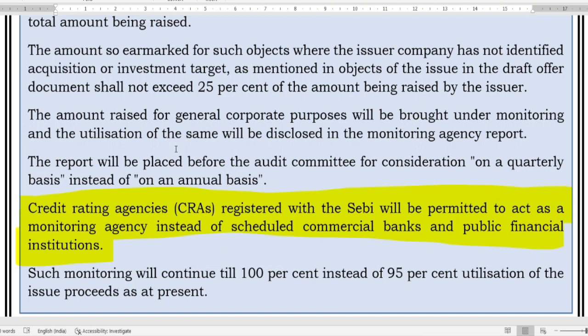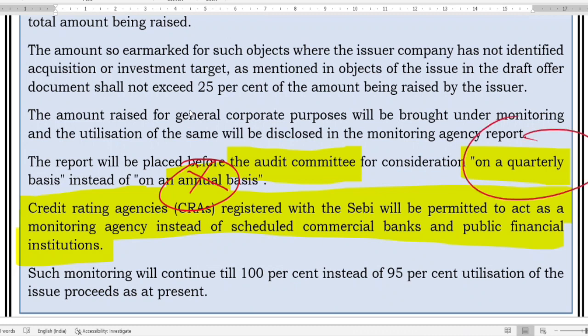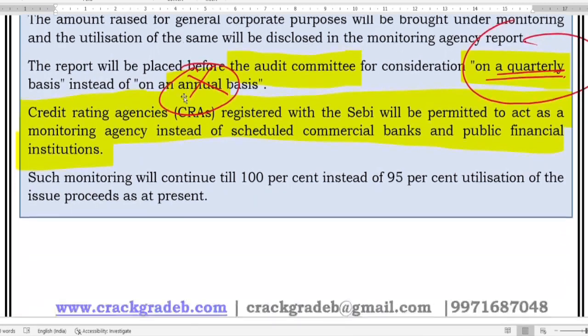Initially, scheduled commercial banks and public financial institutions were doing all these things, but now credit rating agencies will do it. This is one of the differences SEBI has come out with in this notification. Also, this report should be placed before the audit committee for consideration on a quarterly basis instead of annually. Initially it was on an annual basis, now it has become quarterly. These are the sweet spots where questions can be picked up, and they can charge you with this type of question. So details are important.